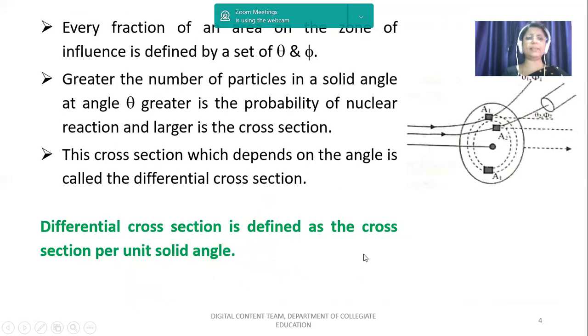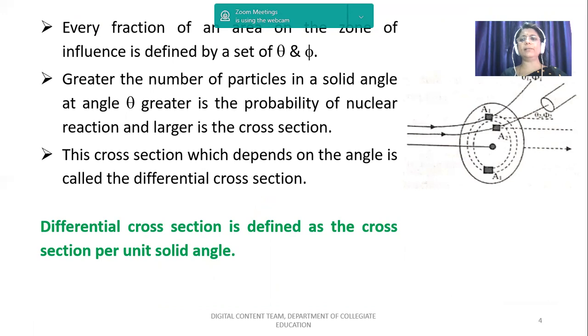And let us consider here every fraction of area in the zone of influence is defined by set of angles theta and phi. So when the projectile is incident on a particular region A1 on the upper zone of influence, which is indicated by larger dotted circle, it will be subjected to particular angle of deflection theta 1 and angle phi 1.